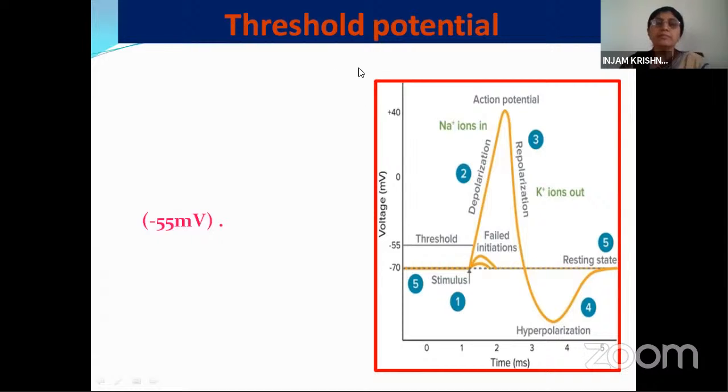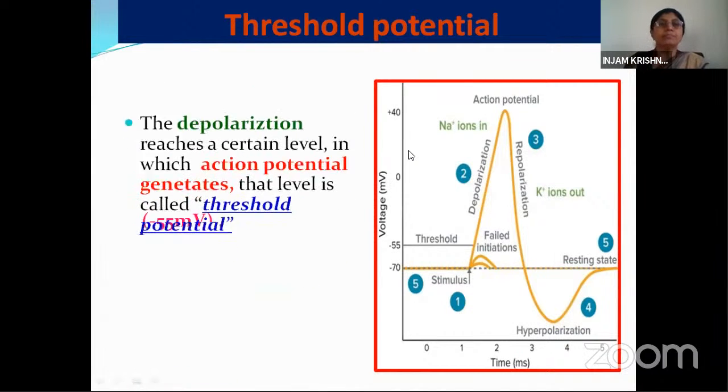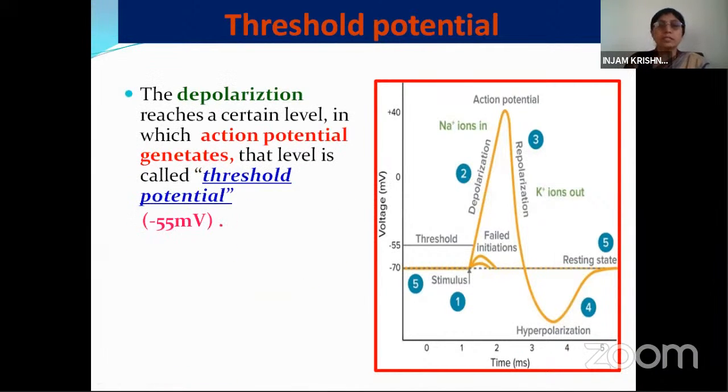In the 5th session, we completed up to depolarization. But I want to start again with threshold potential, because threshold potential is the key point in generating the action potential. What is threshold potential?